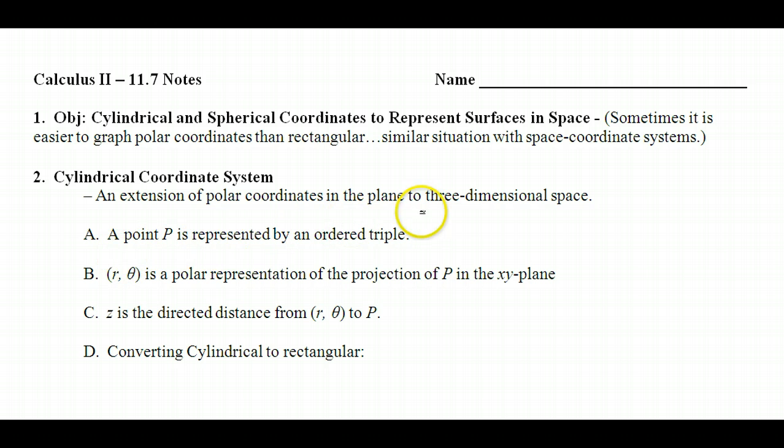So our point P is represented by an ordered triple, r, theta, and that stuff stays the same, but then we need a third variable in there, and our third variable is just z. So r, theta is our polar representation of the projection of P in our xy plane, and then this z is the directed distance from r, theta to P, to our point.